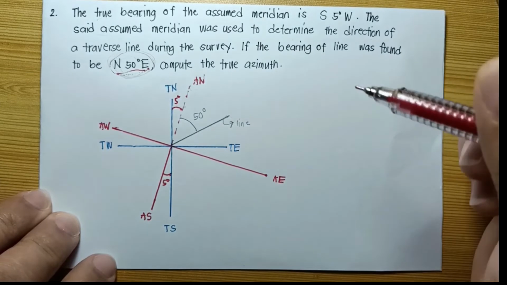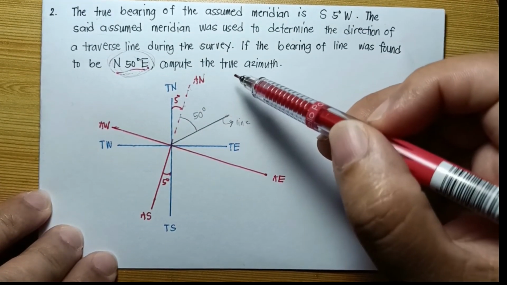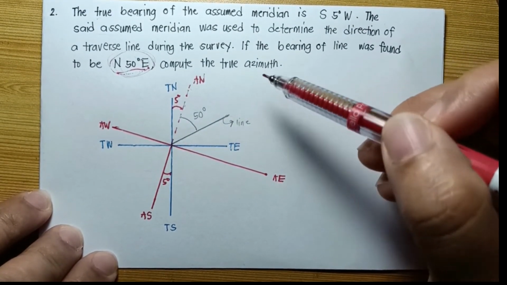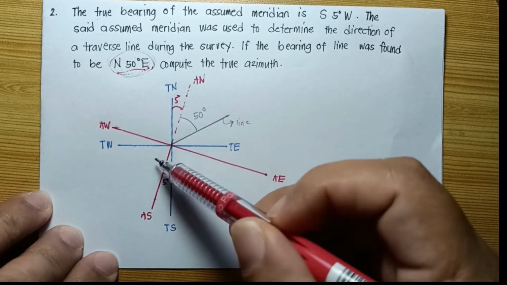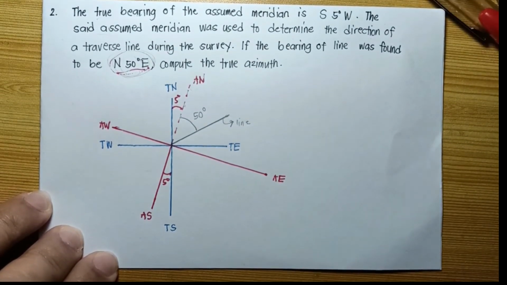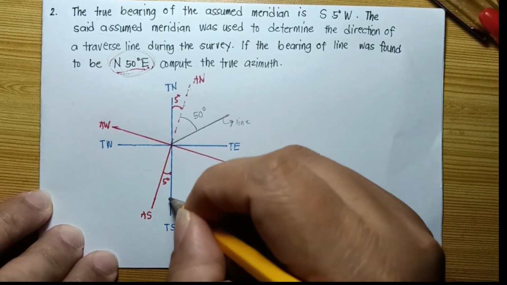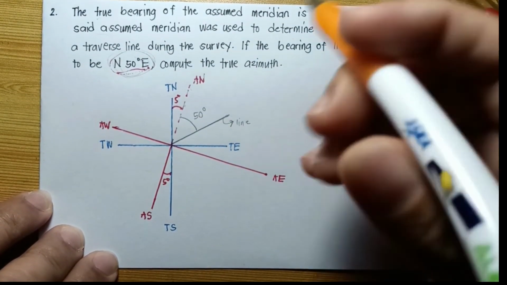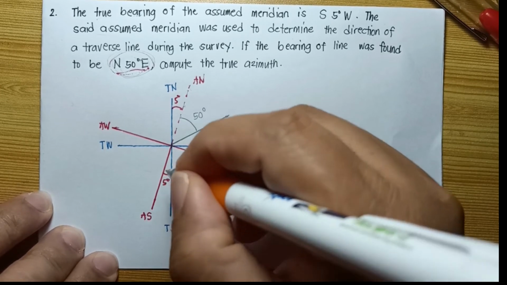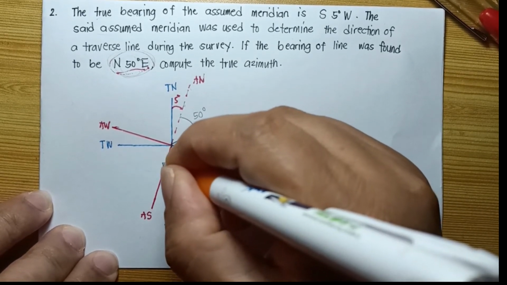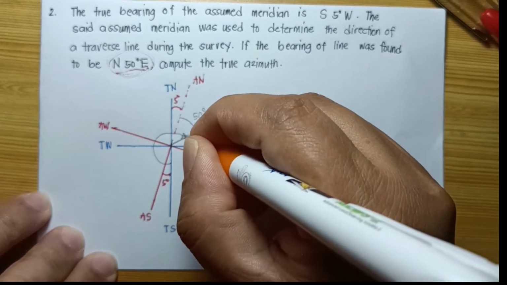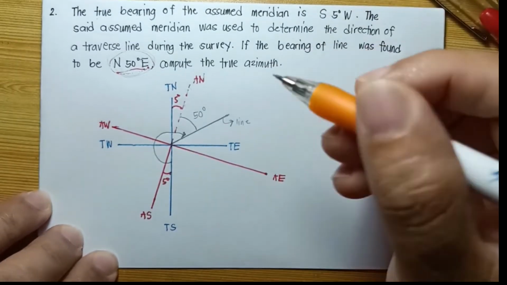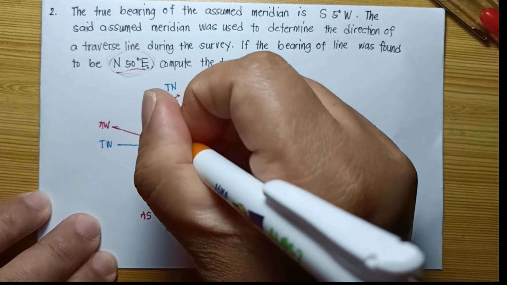And we are required to compute the true azimuth. So what is true azimuth? True azimuth is reckoned from the south. It would be the angle from here, towards the line in clockwise direction. This is the angle we are required to solve, alpha.